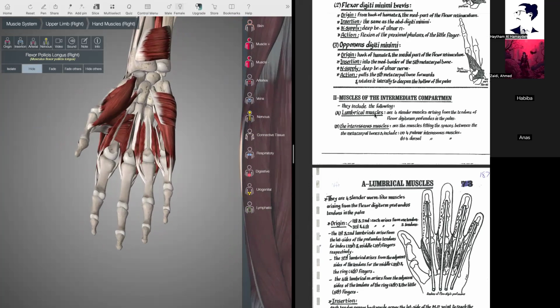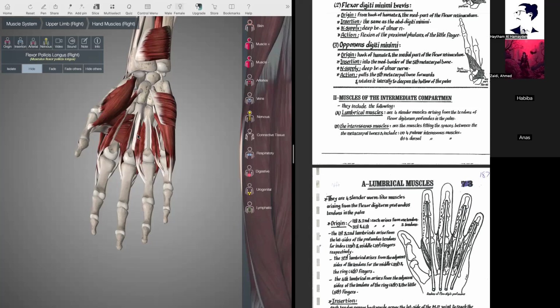The intermediate compartment contains the lumbrical muscles and interosseous muscles. The lumbrical muscles arise from the tendon of digitorum profundus. Remember the deep muscle that goes to the tip?